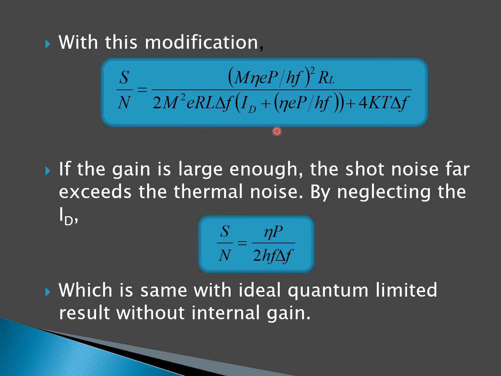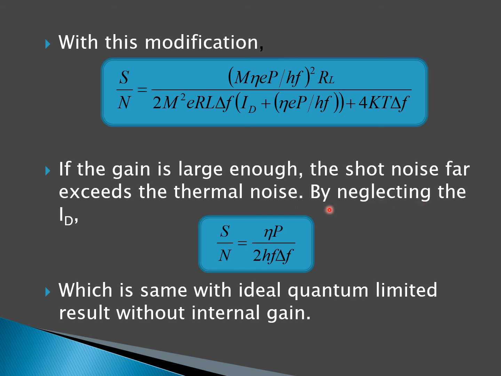This is the modification that will occur if you have the multiplication factor. The electrical signal power is amplified by M squared. The same goes for the shot noise, which is amplified by M squared. But the thermal noise power is not amplified because it does not depend on the photocurrent. If the gain is large enough, the shot noise far exceeds the thermal noise.